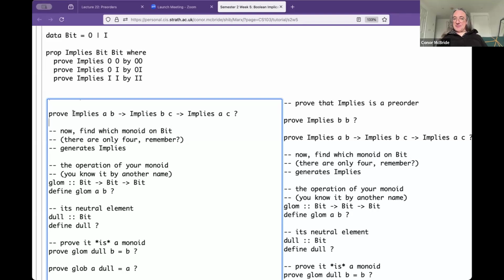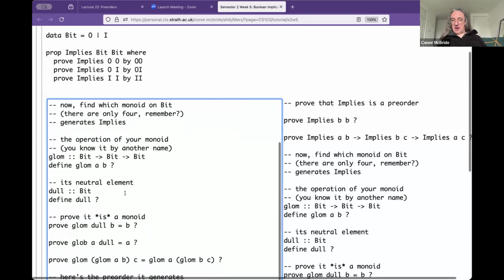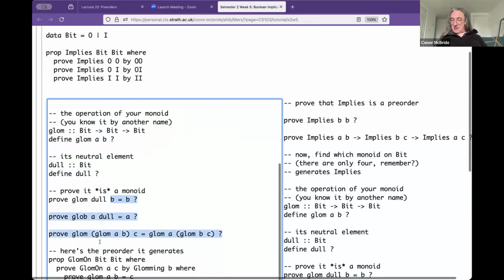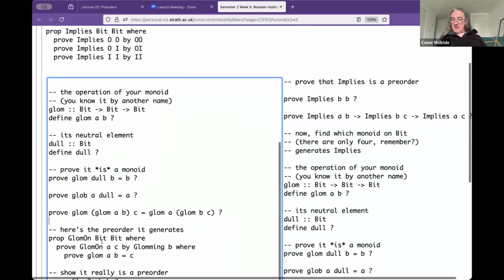This preorder is induced by some monoid on the bits, and I've given it a silly name in order not to tell you which one. I want you to figure out which one, so you've got to give the operation that combines 2 bits, you've got to give its neutral element, and you've got to prove it's a monoid.